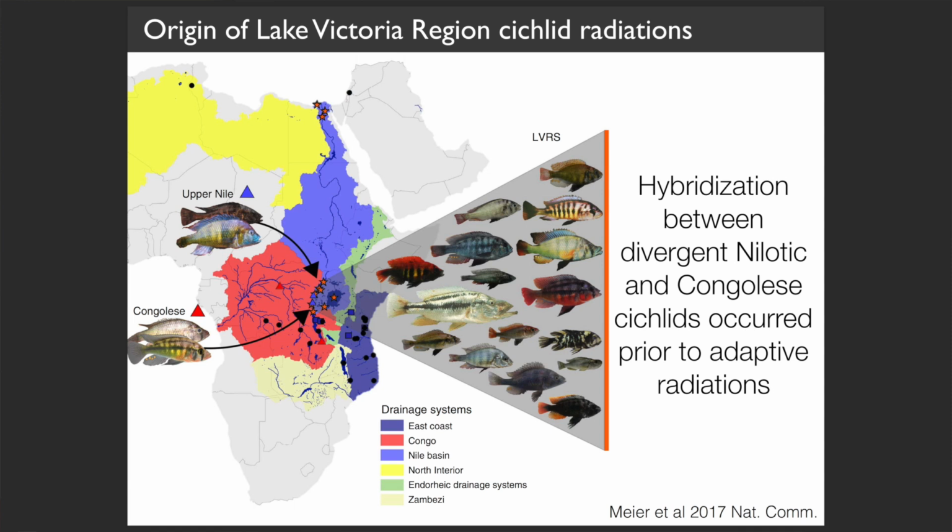So these two lineages were at least 1 million years divergent from each other. They encountered each other in the Lake Victoria region, and subsequently, all of these adaptive radiations in these different lakes in the Lake Victoria region emerged.